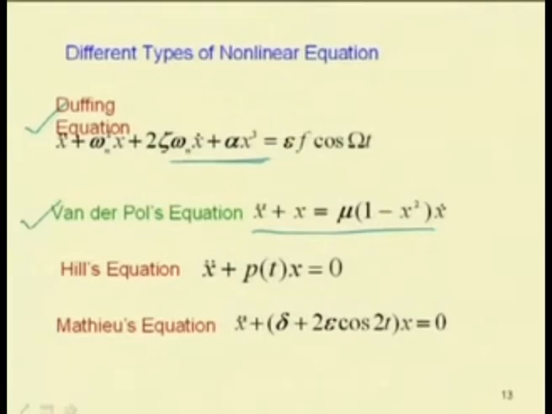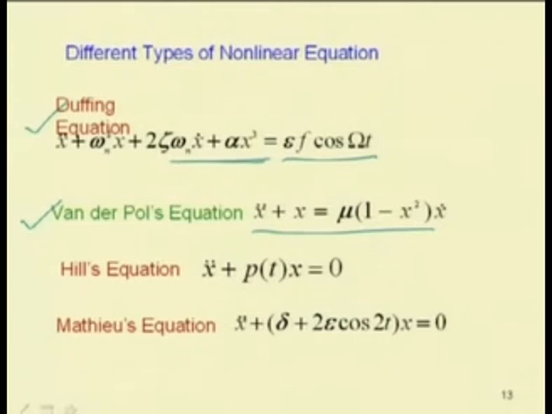We have considered the Duffing equation and the van der Pol equation, and in the case of the Duffing equation you have seen you can have cubic nonlinearity, quadratic nonlinearity or quintic nonlinearity, and you can have a harmonic force, or the force can be changed to a different type of forcing.